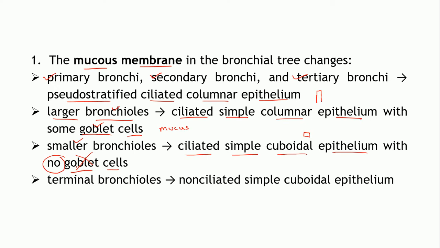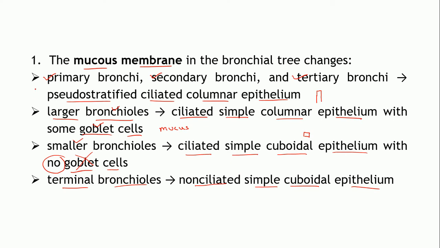And further, these bronchioles will divide into the terminal bronchioles. These contain non-ciliated simple cuboidal epithelium. Okay, so as you can see at these 4 different levels, the types of epithelial cells are different.